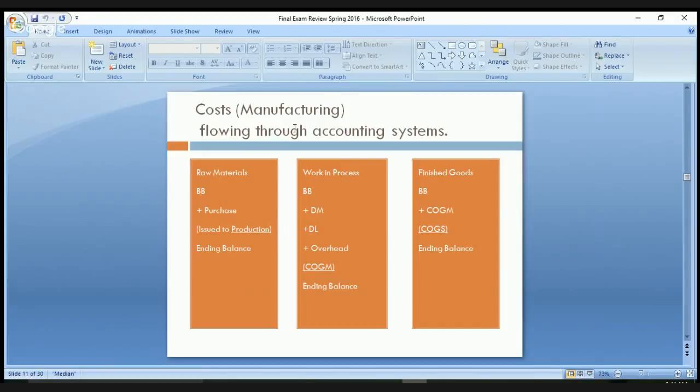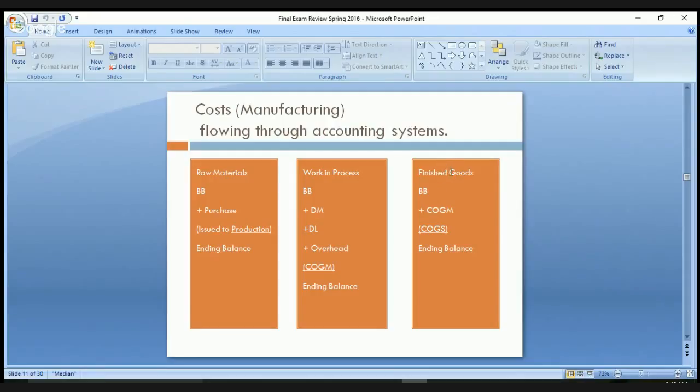Now, another thing is you need to know how to do the raw materials: beginning balance, purchases, what goes into work in process, and then the ending balance. And then how to figure out work in process with the beginning balance, the direct materials coming from the raw materials, the direct labor, the overhead, and then you subtract the cost of goods manufactured to get your ending balance.